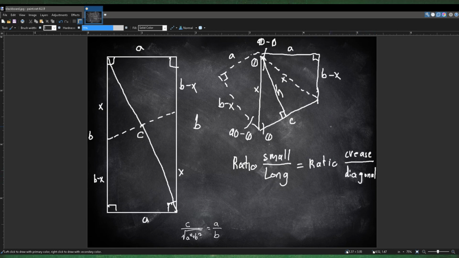This only works for this specific scenario: you put this corner on this corner perfectly, and we have a rectangular shape. It's not going to work if it's a circle. So this is going to be our formula: the ratio of the smaller divided by the longer is equal to the ratio of the crease divided by the diagonal. The reason it works is because of triangles and angles.